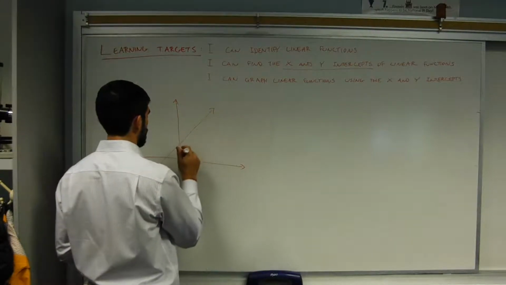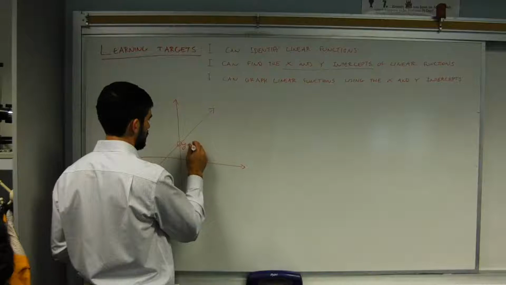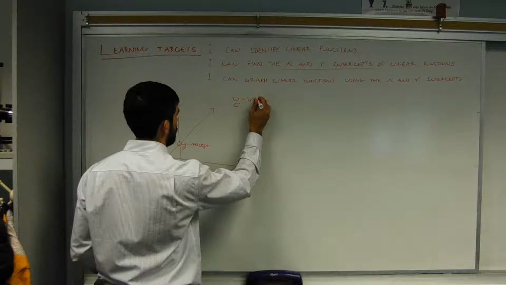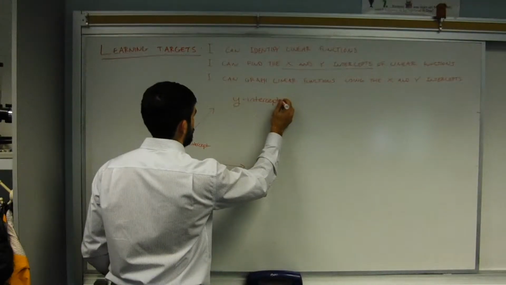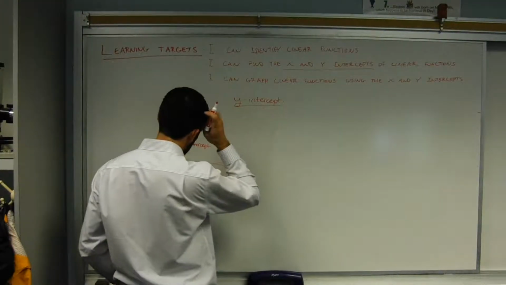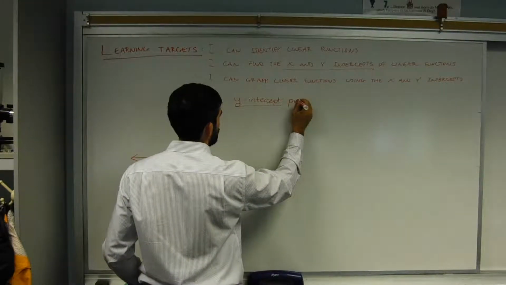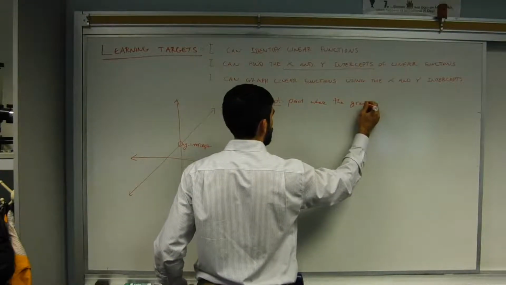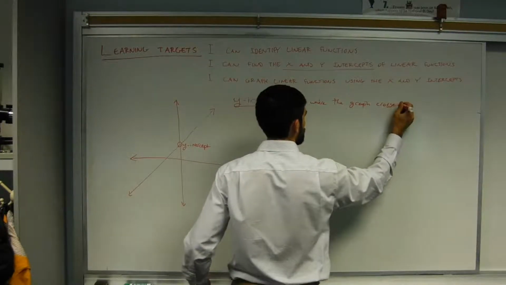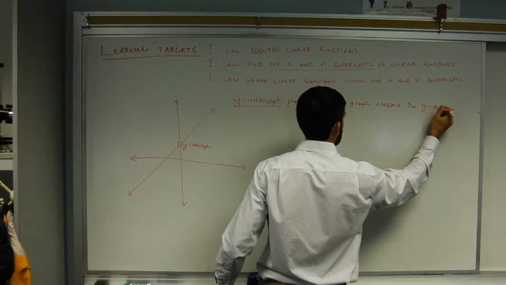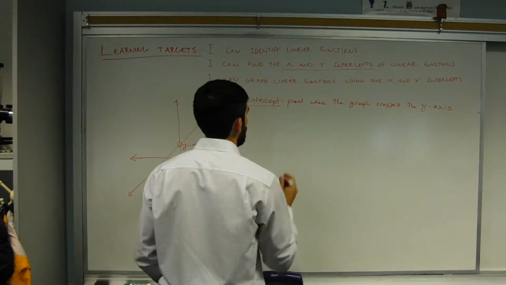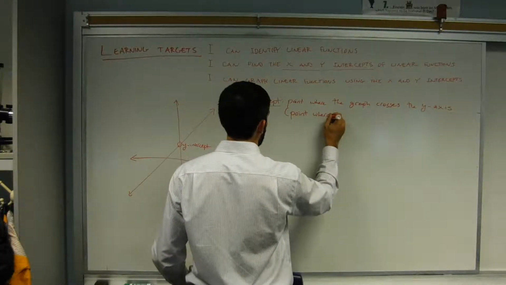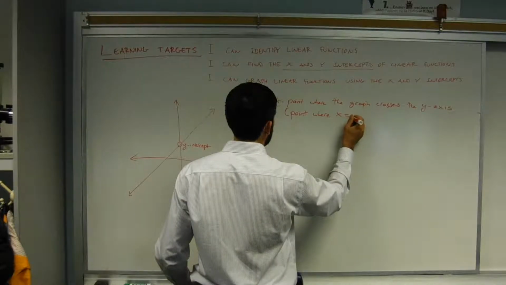So the y-intercept is the point where the graph crosses the y-axis. And in parentheses we can say this is the point where x is equal to 0.